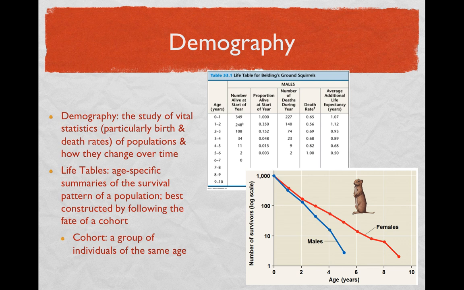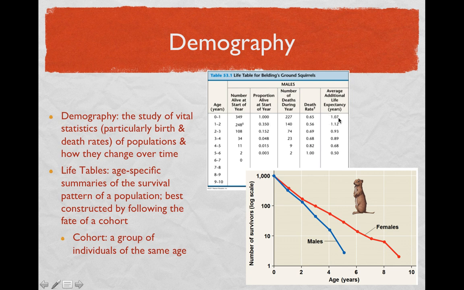So one of the things we can take a look at are life tables, which is what you see here, and this information then got utilized to create this graph here. But these life tables, their whole purpose is to take age-specific summaries within a population. So if you take a look, all right, here's our age in years, and from 0 to 1, here's how many individuals I have actually alive at the start of the year versus the proportion that are alive, the number of deaths that happened, what's the death rate.